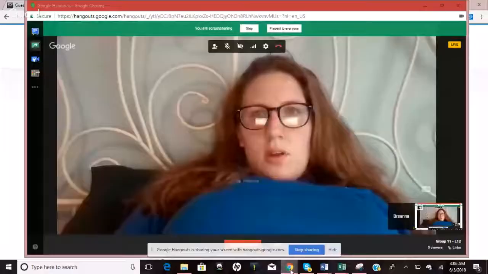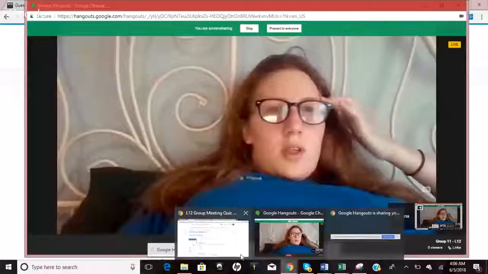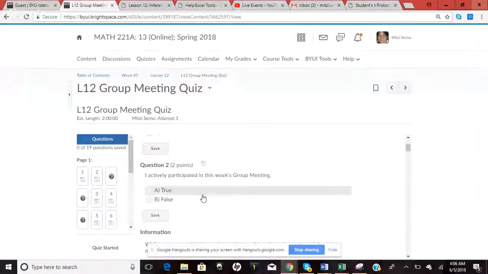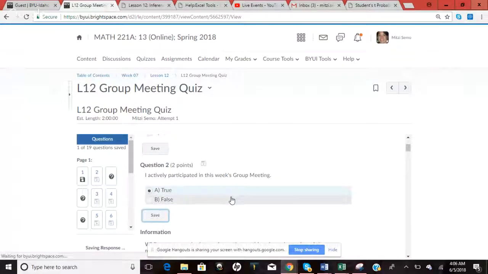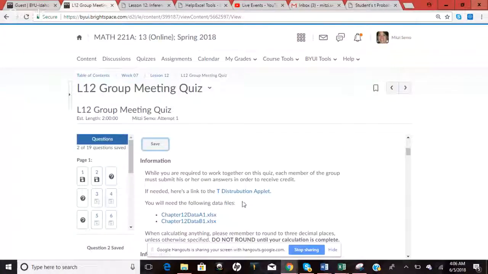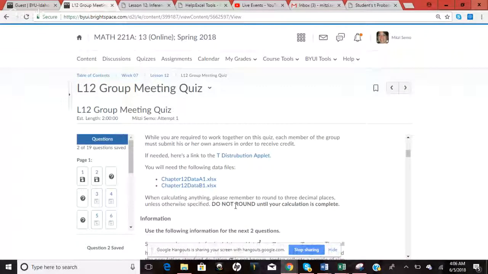Do you want me to share my screen so we can go through it together? Okay, you see my screen now? So we got question one and two. We have to have the T distribution applet up, but I already have that up.